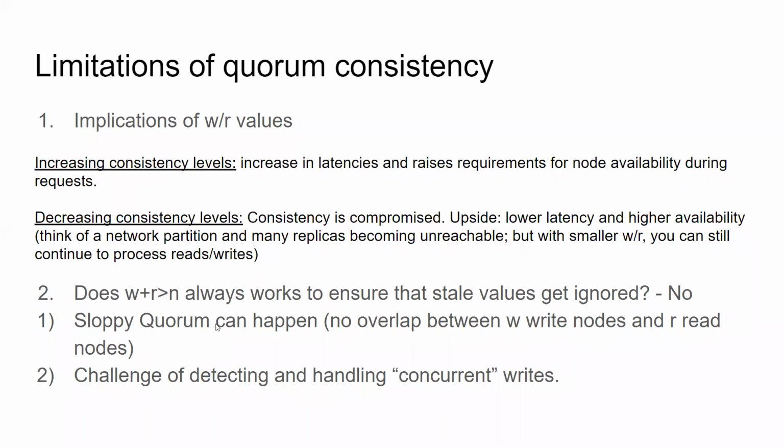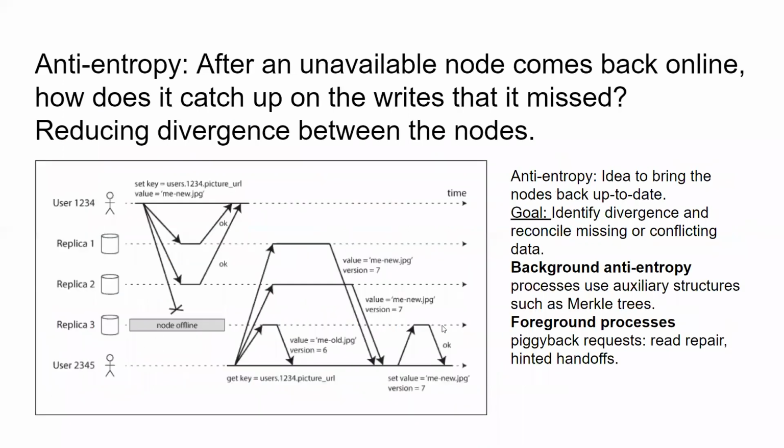A quick note there is that you are not going to land in this sloppy quorum intentionally, because if you're following this equation, then you are consciously making sure that there is an overlap. But there are situations where this equation can break. So let's look at that scenario.